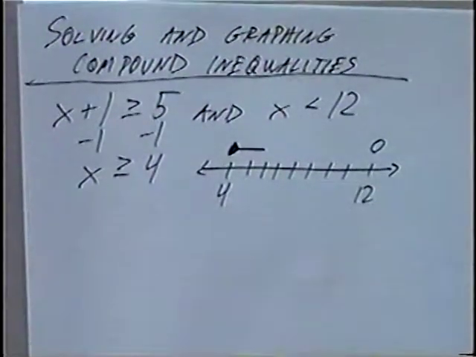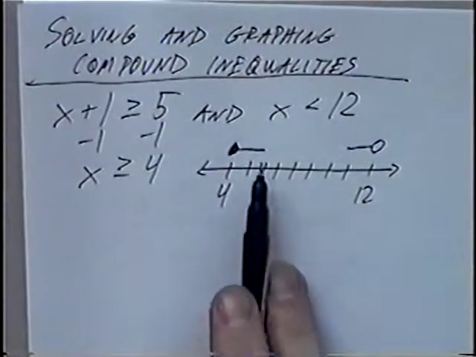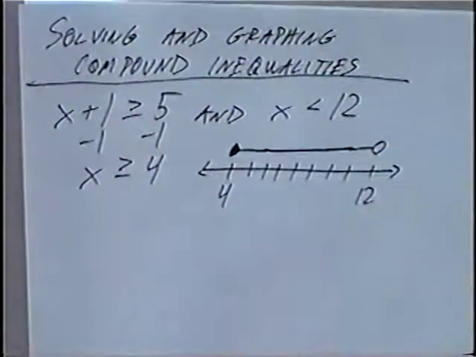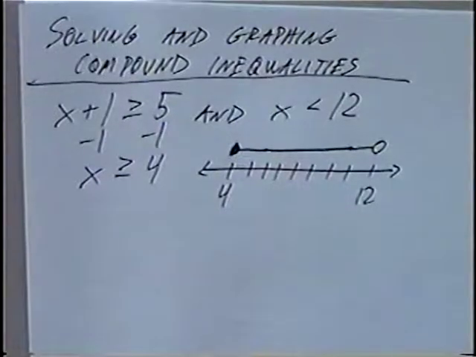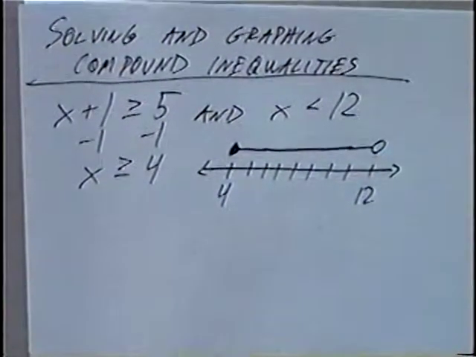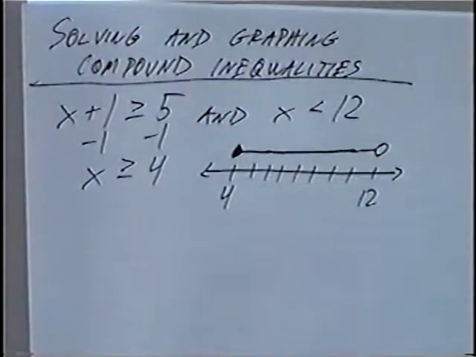And x is less than 12 would go to the left. When the two lines point towards each other, connect them to make a line. And that would be the graph for the compound inequality. Most of the time when you have the word and in a compound inequality, the word and means the lines will connect. But again, that's only most of the time.